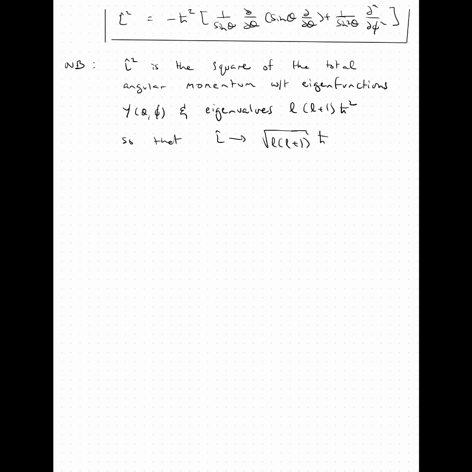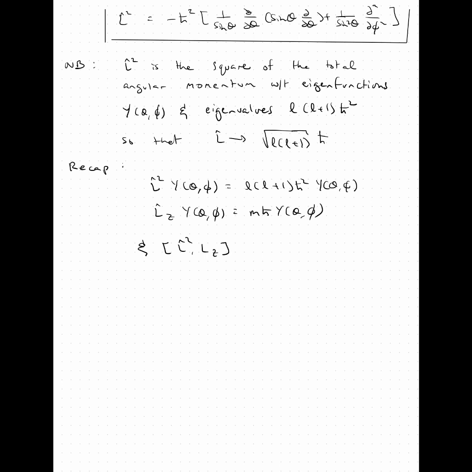So let's recap. L squared acting on spherical harmonics has eigenvalues L times L plus 1 h bar squared, and Lz acting on the spherical harmonics has eigenvalues m h bar times Y. And as you might guess, the commutation relation between L squared and Lz is equal to 0, because they commute.